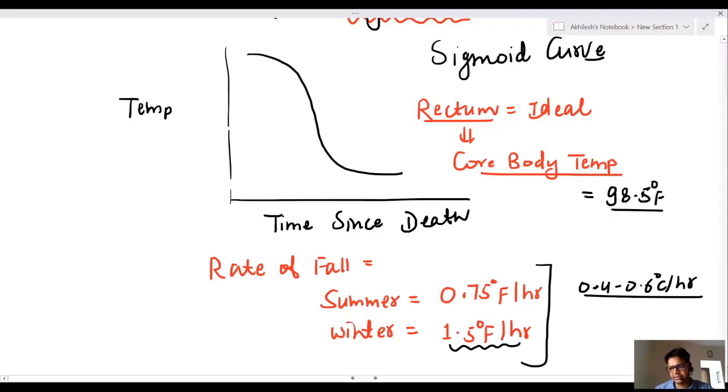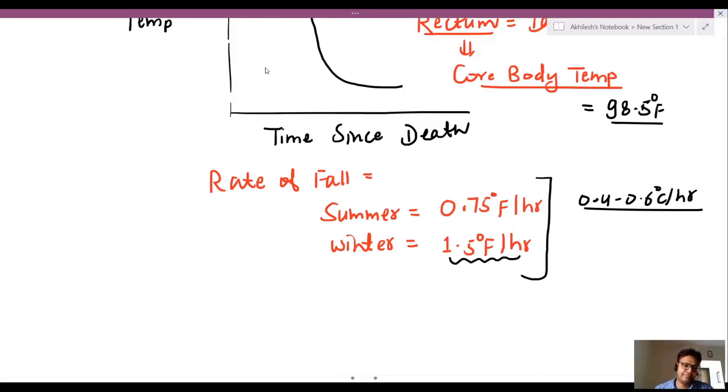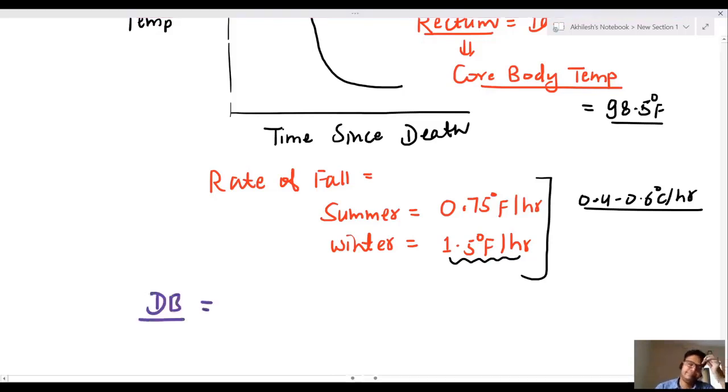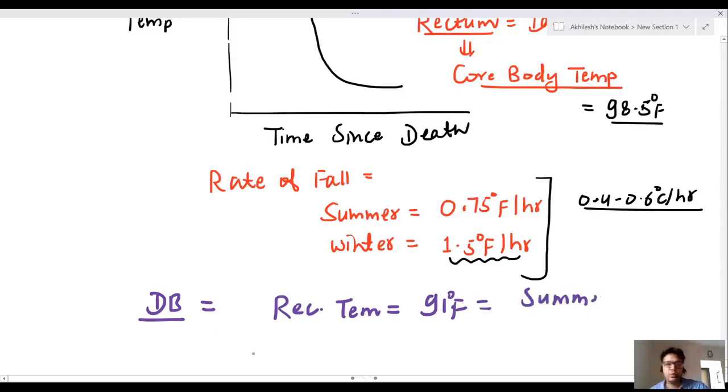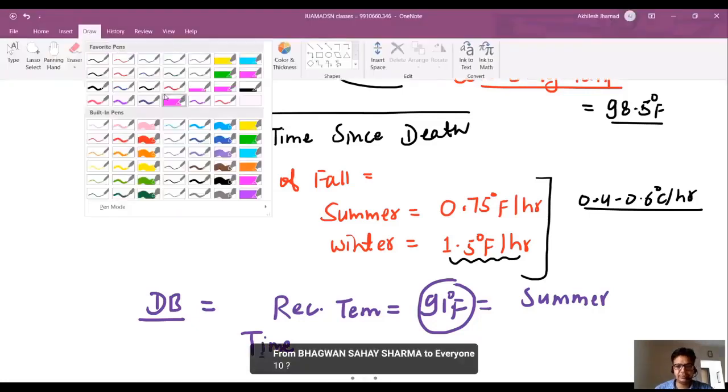Now, sir, I'm putting one question. You got a dead body, and the rectal temperature of the dead body is 91 degree Fahrenheit in summer. Now, anyone who can tell me what is the time of death? What is the normal temperature? 98.5.